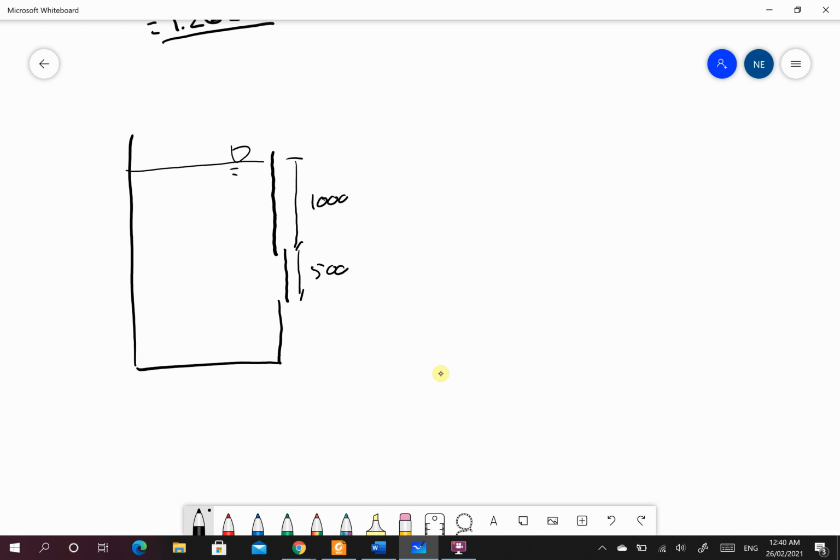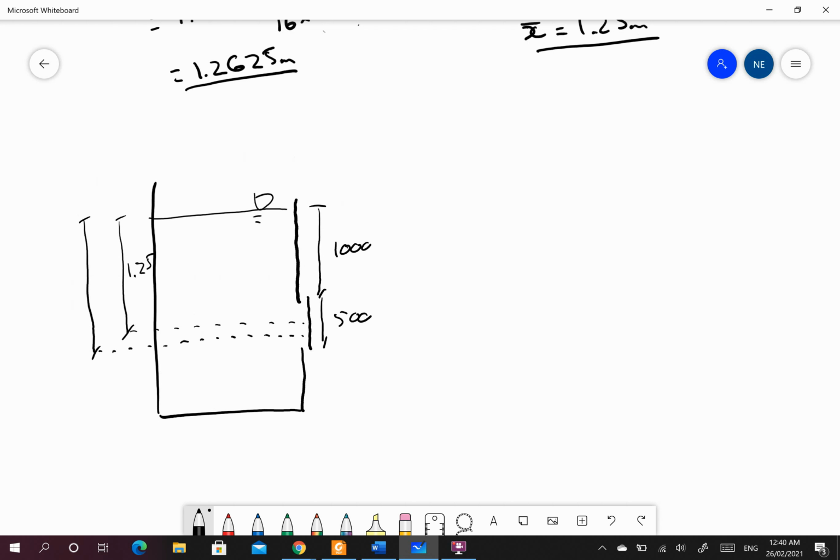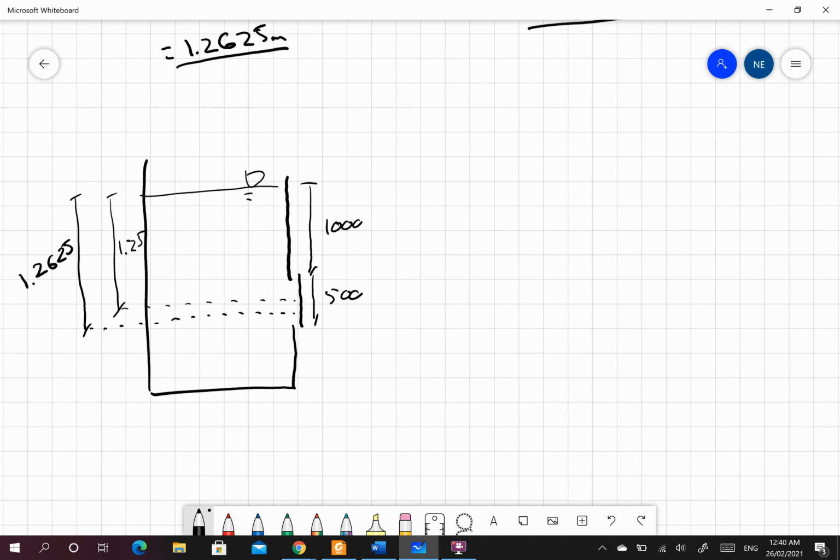Now what I know is my x bar is 1.25 meters, and my y bar is equal to 1.2625 meters.